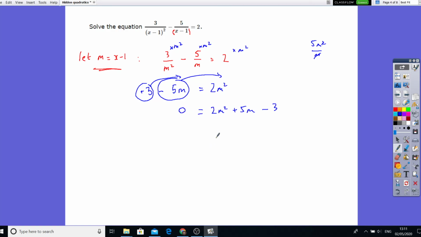Alright, so now this is our quadratic that we need to solve. Again, it's not a difficult quadratic. I'm just going to solve it in here. I'm going to put 2m in this corner, m in this corner, and then put the 0 on the other side. The way to make a product of 3 is going to be 1 and 3, and I'm going to make a positive 5, so I need to double one of them.